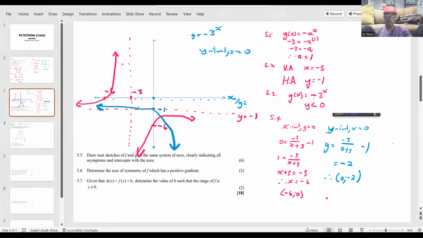So this is f, and the blue one is g. It's an increasing function, because when you move from left to right, the values of y are increasing.